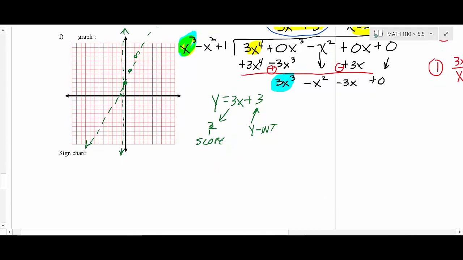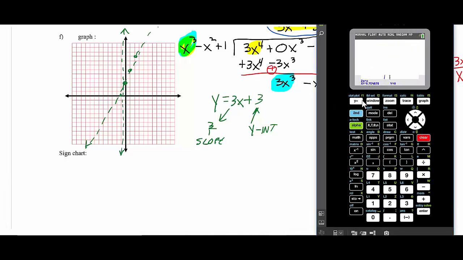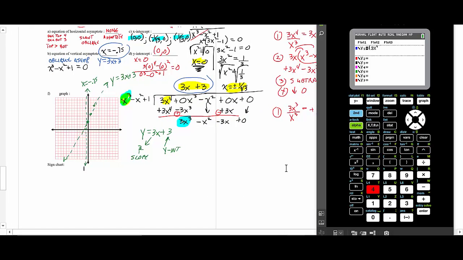So next thing we're going to do is put this in our calculator. Get your calculator out, and I'll show you what to put in. I just want to give you an example of an oblique asymptote problem. The numerator on the problem was 3x to the fourth minus x squared, is that right?